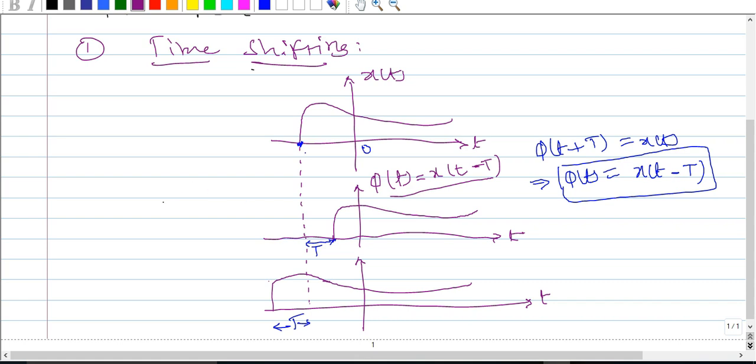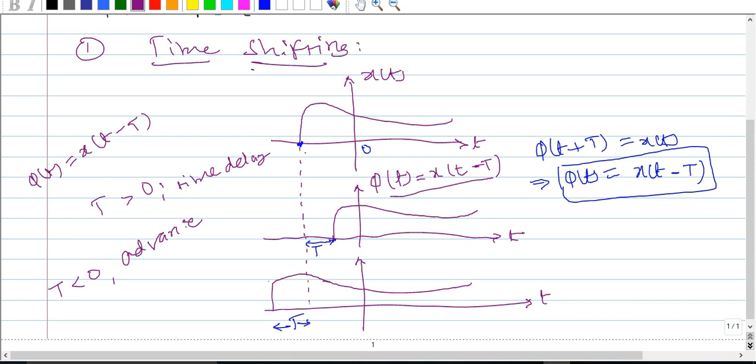Now here, in phi of t equal to x of t minus T, if T is positive, then it will be a time delay. Similarly, if T is less than 0, then this will be a time advance.